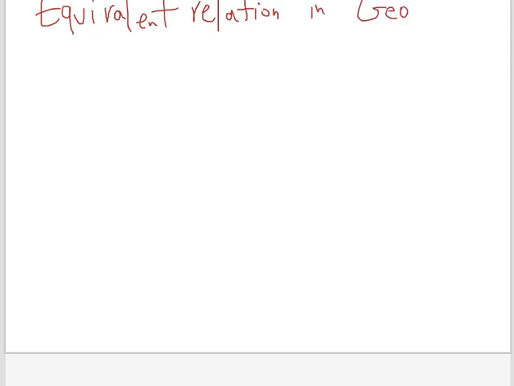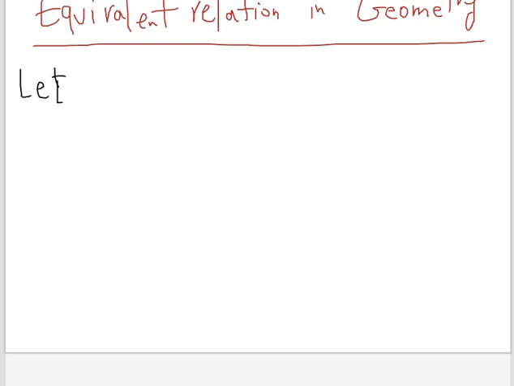I come back to some beautiful pictures in mathematics: equivalence relation in geometry. Let R be the Cartesian product of [0, 1] with [0, 2].